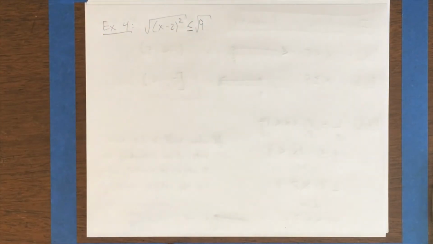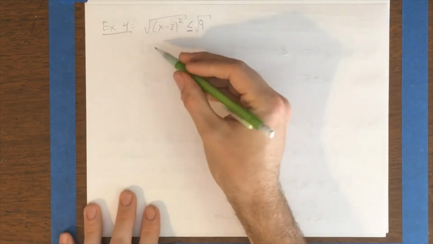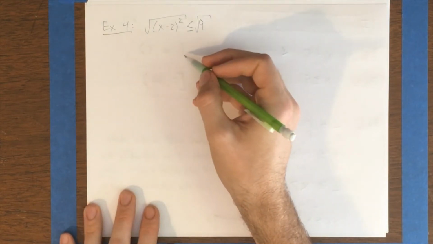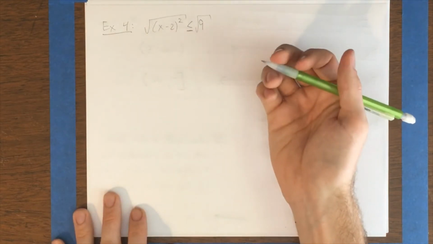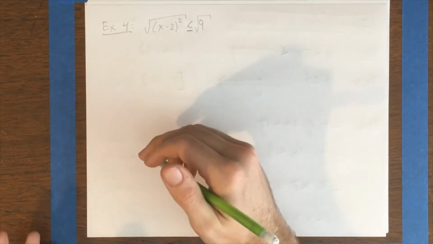But remember that the square root of a square always simplifies as an absolute value. This is a moment where it's really important that you remember that step, which often gets forgotten. If you jump straight to putting a plus or minus on this expression, like plus or minus (x − 2), the problem is that one of them will have a correct inequality symbol and the other will have the incorrect one.